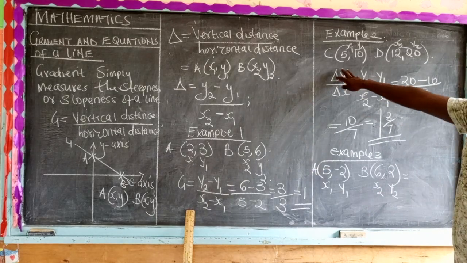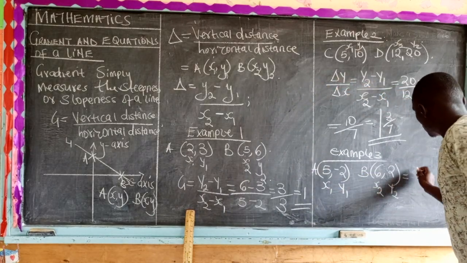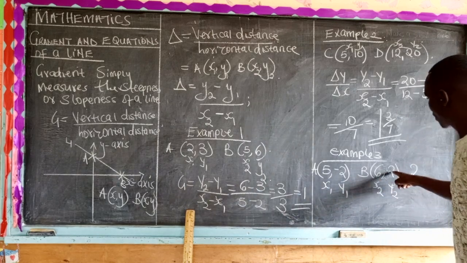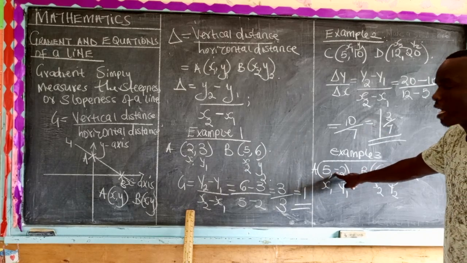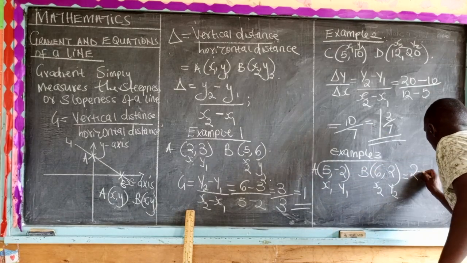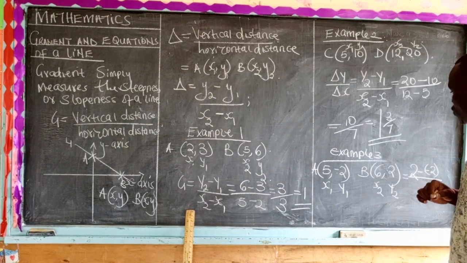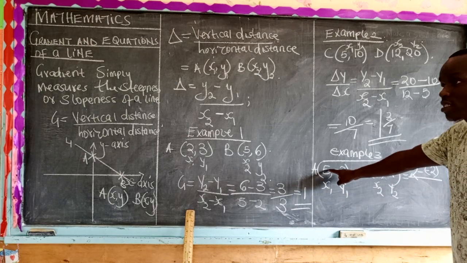I'm not going to repeat this part. We're going to have y2 minus y1, which is 2 minus, and we have another minus sign here, so 2 minus negative 2, all over the change in x, 6 minus 5.